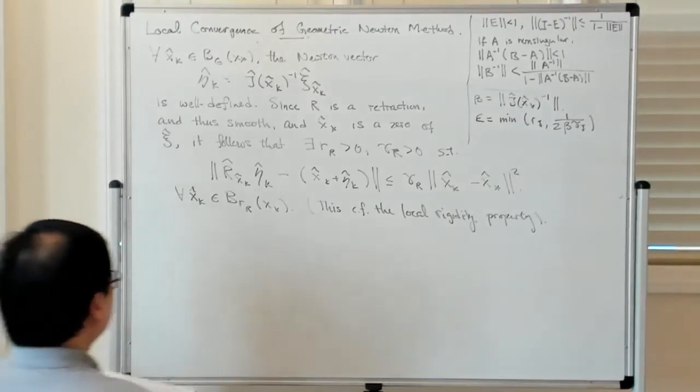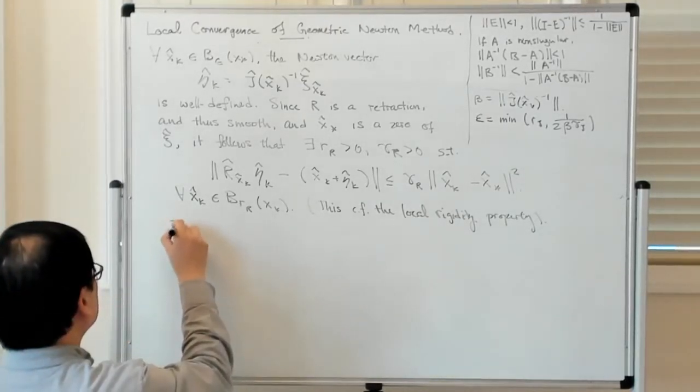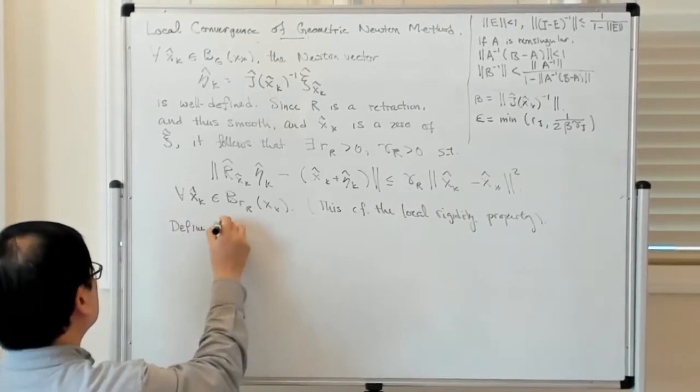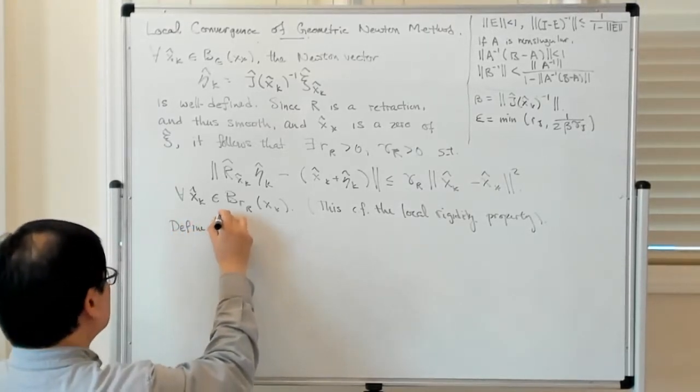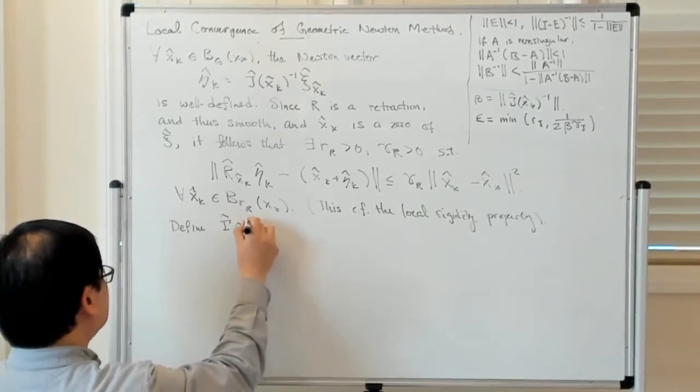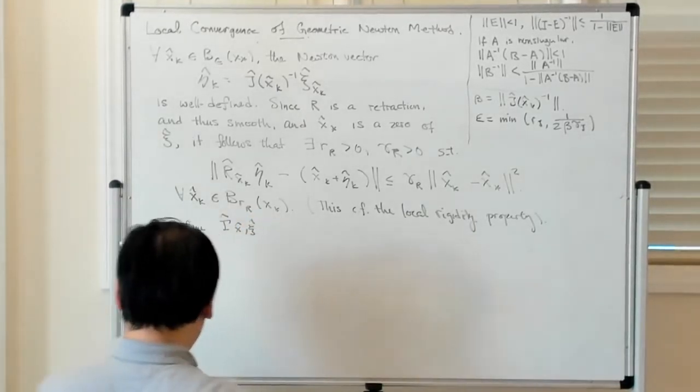So I'm going to define a gamma hat, X hat, C hat. So this is like a transport, if you will.